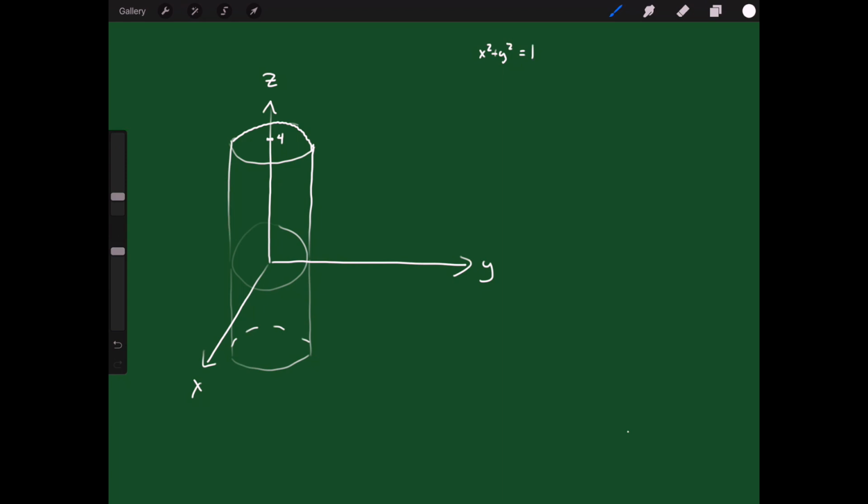And then it says it's above the paraboloid z equals 1 minus x squared minus y squared. This paraboloid is up at z equals 1, and then it curves downward.